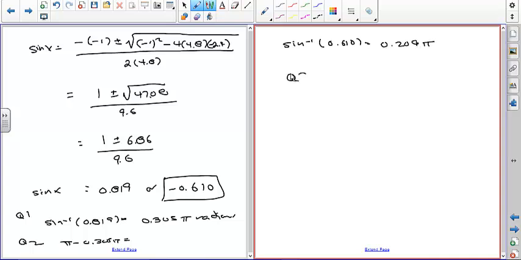So your third quadrant solution would be pi plus 0.209 pi, which would be 1.209 pi. And your fourth quadrant solution would be 2 pi minus 0.209 pi, which would be the last one, which is 1.791 pi. So that's how you get the other ones.